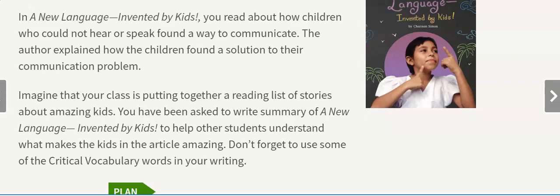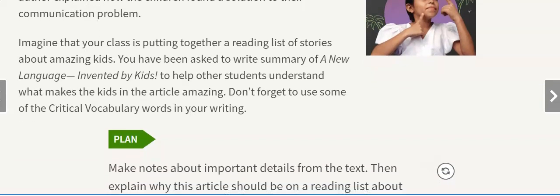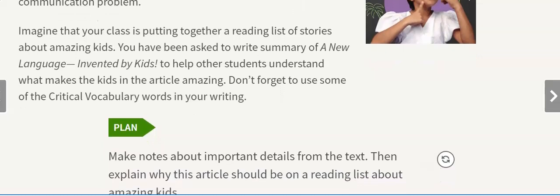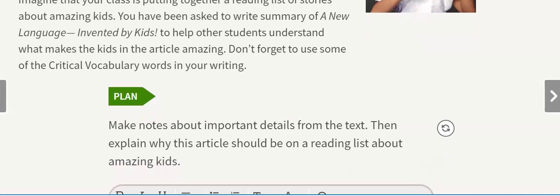The author explained how the children found a solution to their communication problem. Imagine that your class is putting together a reading list of stories about amazing kids. You have been asked to write a summary of A New Language Invented by Kids to help other students understand what makes the kids in the article amazing. Don't forget to use some of the critical vocabulary words in your writing.